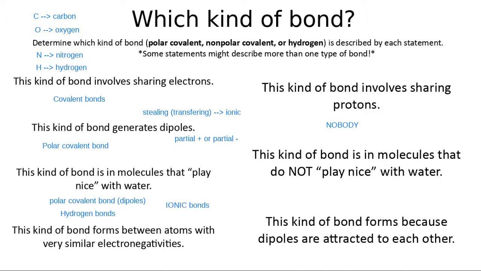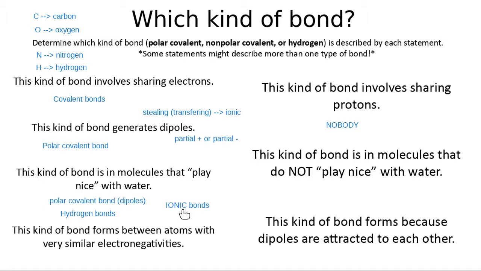Ionic bonds. Now, the thing with ionic bonds is when I put them with water, what happens? If we put something with an ionic bond in water, yeah, you're totally right. Ionic bonds are the kind of bonds that you put them in water, they're going to fall apart completely.